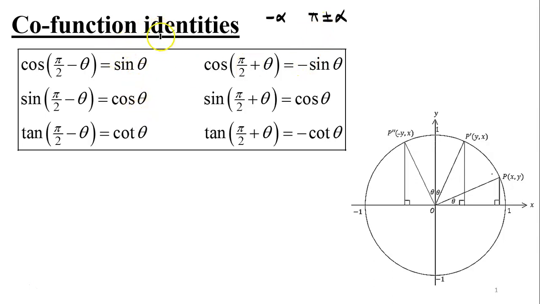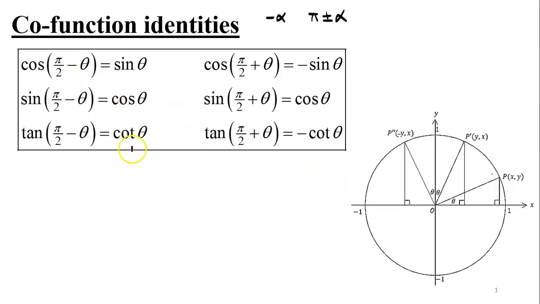However, the co-function identities do relate the trigonometric lines of pi over 2 plus or minus theta to the trigonometric lines of theta. Now, before we put these into examples, we're going to go through them first and justify why these identities do make sense.